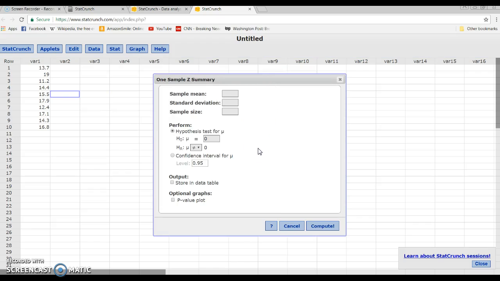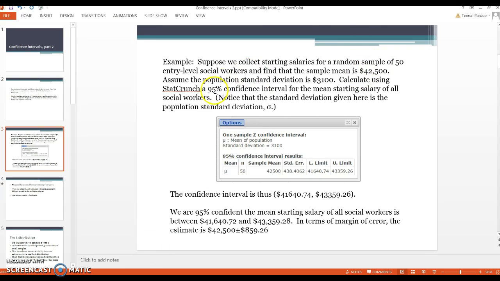We're going to type in the sample mean, which we said was 42,500. The standard deviation, we said, was 3,100. That's based on a sample size of 50. And we want a confidence interval, and I'm just going to double check what level we said. We said we wanted 95%.